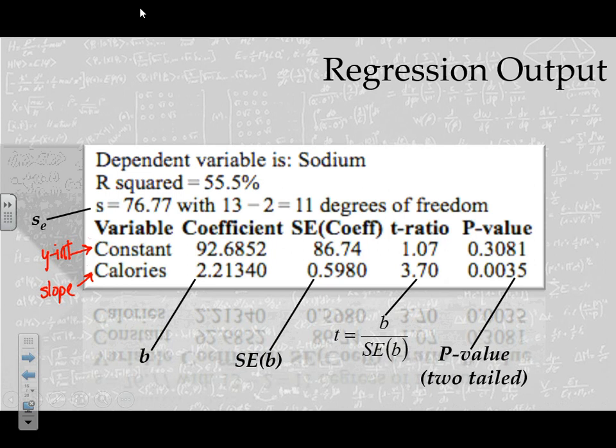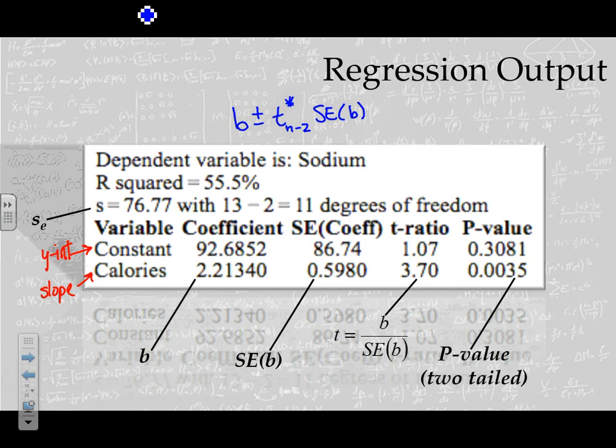So if I wanted to create a confidence interval for a problem like this, well, my confidence interval is found by taking b plus or minus t star times SE. So all I'd have to do is come into my table here. Well, here's b, plug it in. SE is here, plug it in.